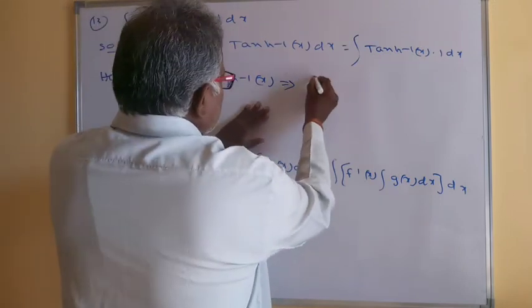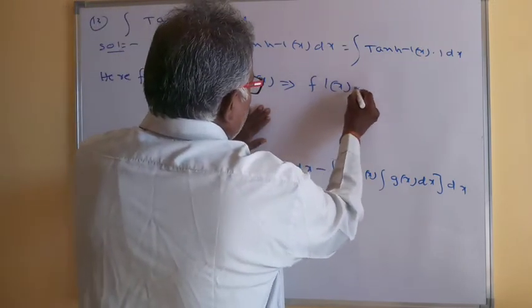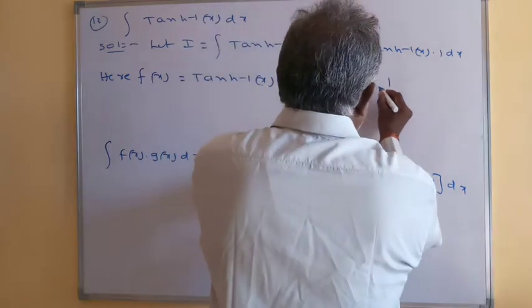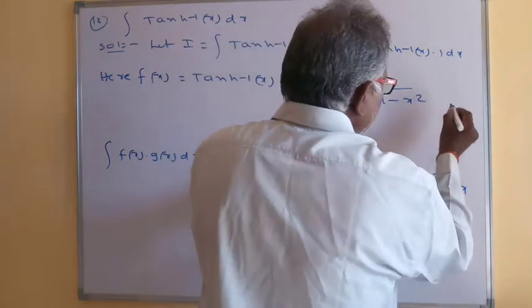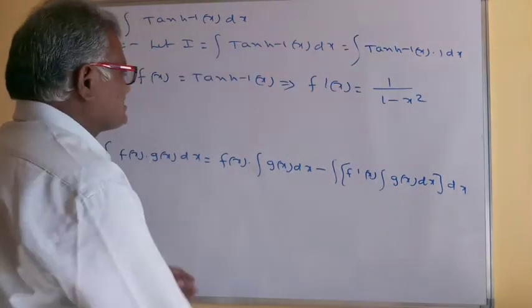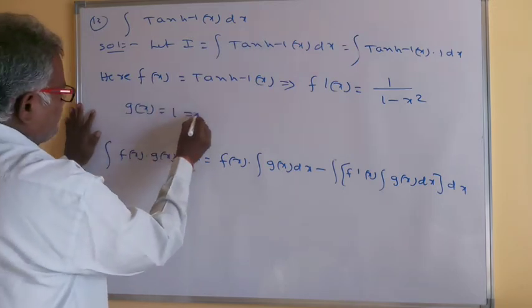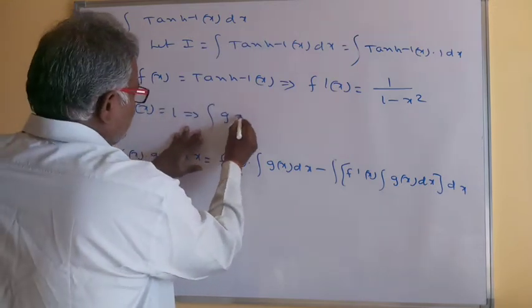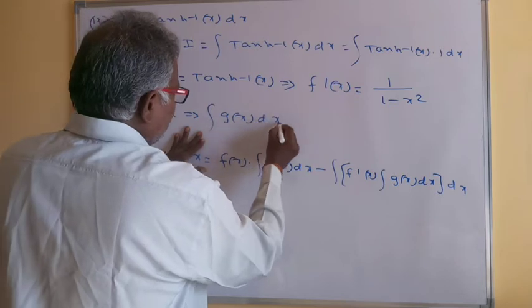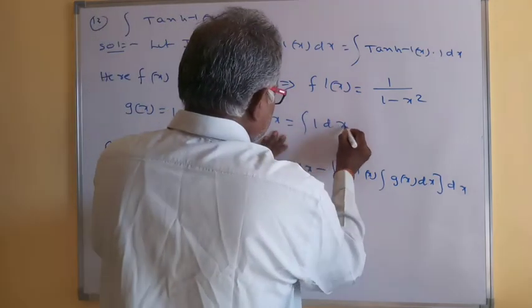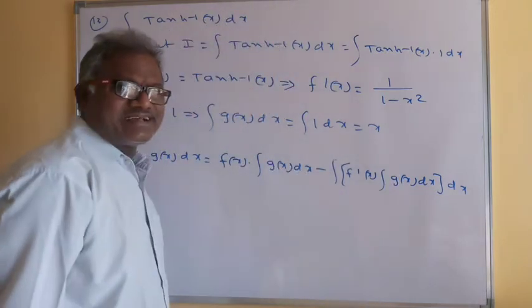For the first function, you take the derivative. The derivative of tanh inverse x is nothing but 1 by 1 minus x square. Whereas for the second function, you take the integral value. So 1 dx, the integral of 1 is equal to x.